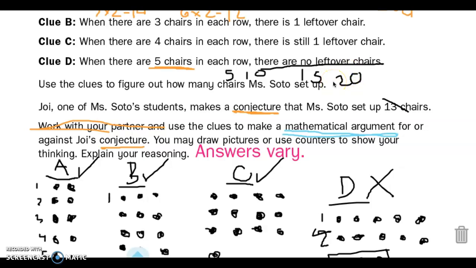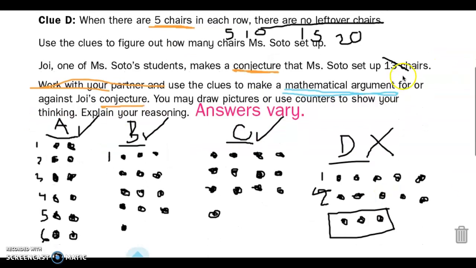Well, what do multiples of 5 end with? 5, 0, 5, 0, and so on. They're going to end in 5 or 0 the whole time. Does 13 end in 5 or 0? No, so right away we might have even known that 13 doesn't work.